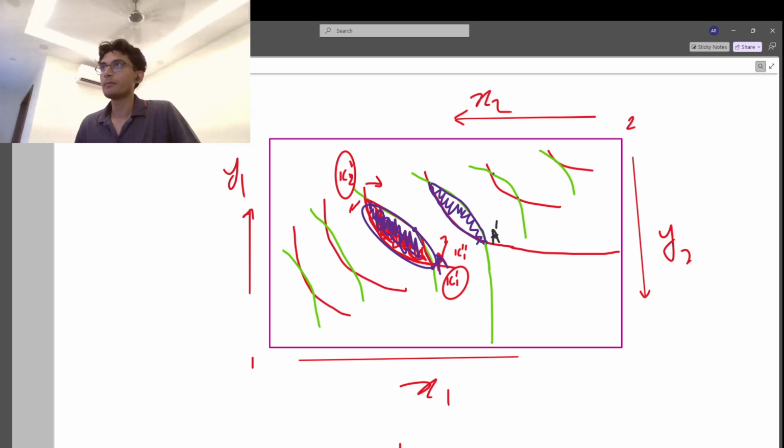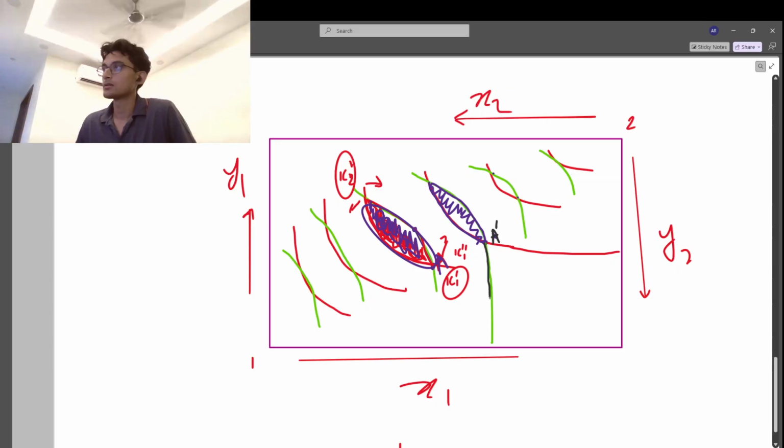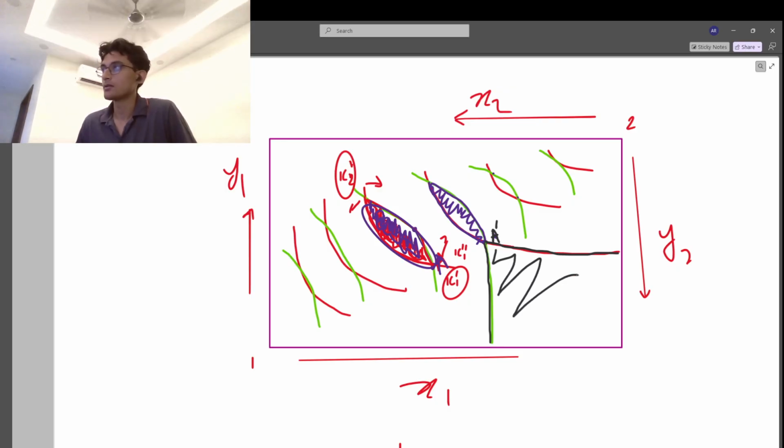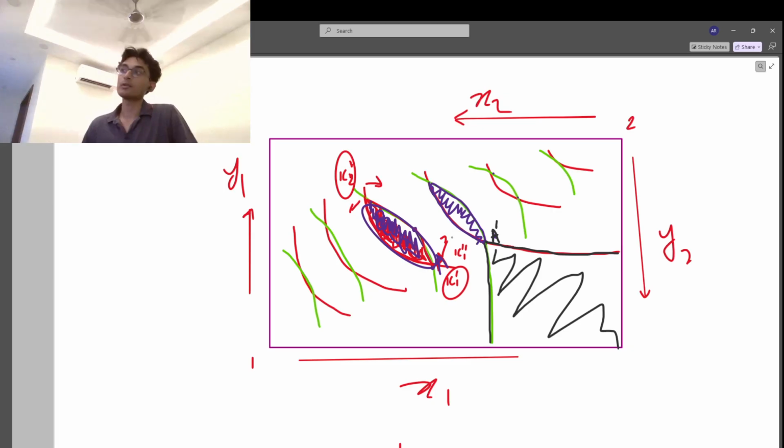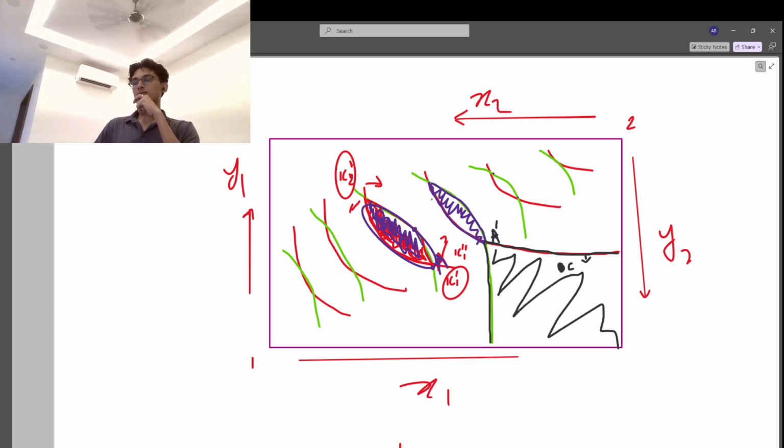So any point in this region, not on the boundaries but any point inside the boundary, is Pareto inferior, because any point here, let's say point C, is below the IC of individual 1, and it is below the IC of individual 2 as well.